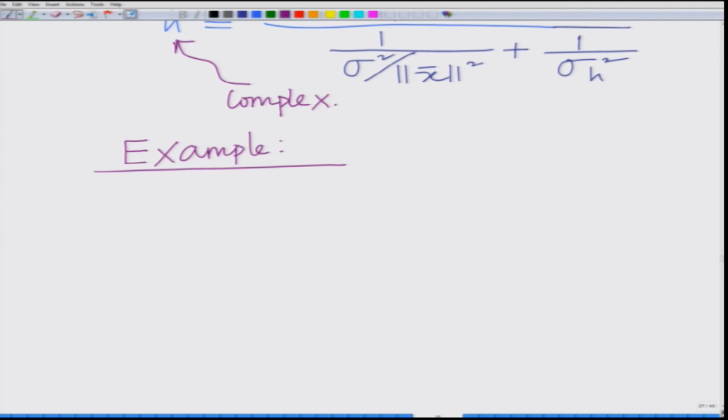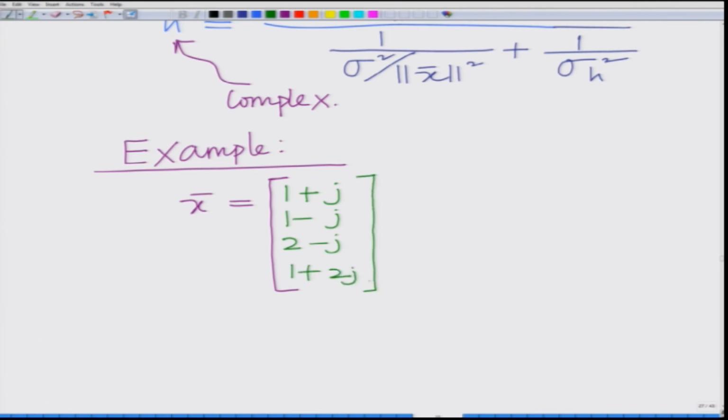Okay. Consider x bar, the pilot vector, equals 1 plus j, 1 minus j, 2 minus j, 1 plus 2j. And y bar equals, what is our y bar?